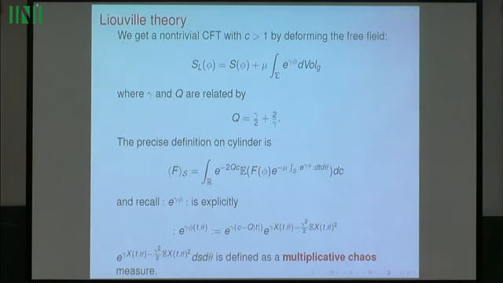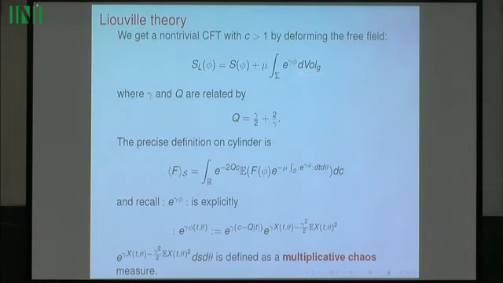Liouville theory is a deformation of this free field theory. The following deformation, I write it in general manifold first and then we specialize. So you just add another conformally invariant term. This is the free field action, and you can add a term like the following.